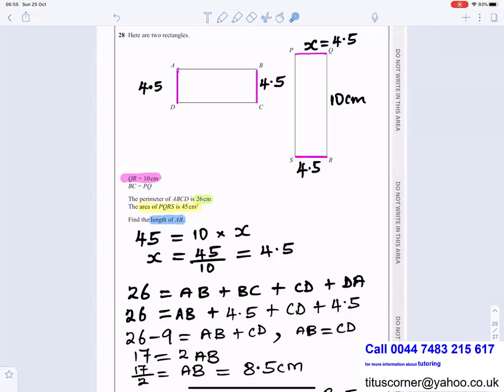So that means AB is 8.5, DC is 8.5, and then AD was 4.5 and BC 4.5. So the important thing is to form the first equation using the area to find x, to find that length PQ. Use that length PQ, which is equal to BC, and form the next equation using the perimeter, 26, and then you can find the value for AB.